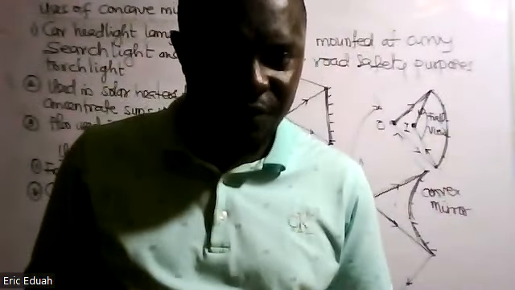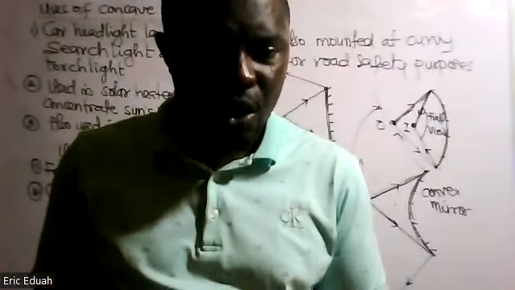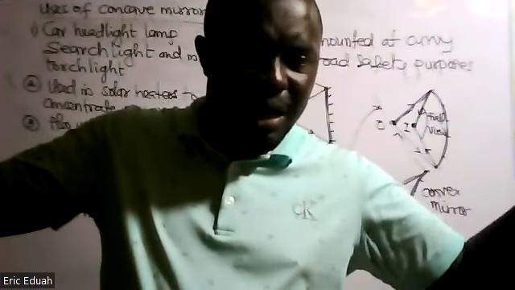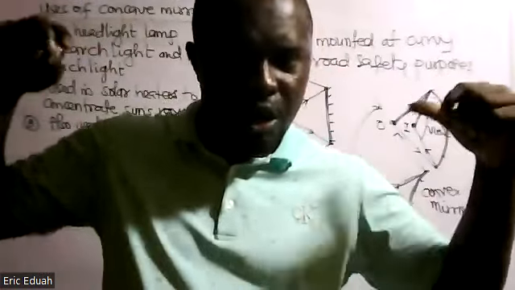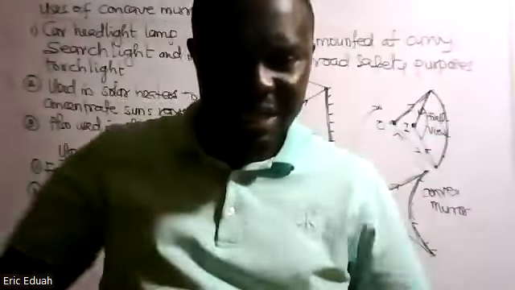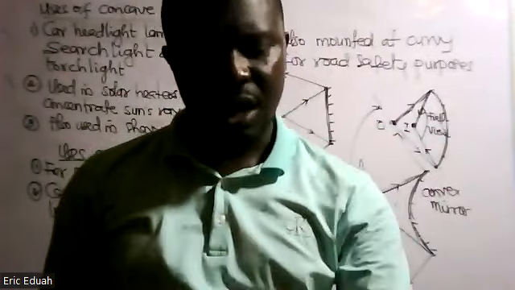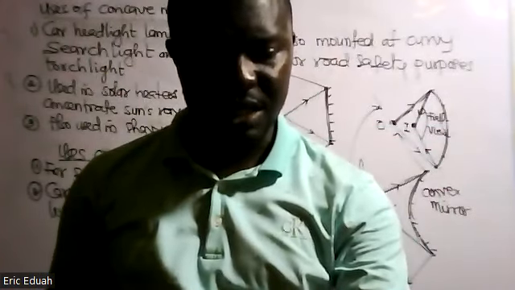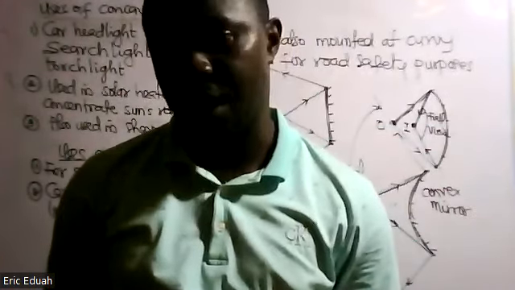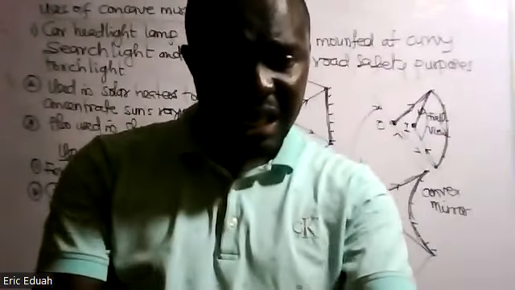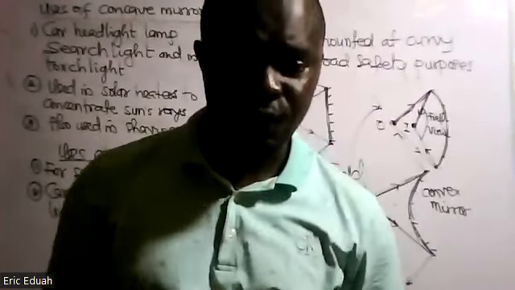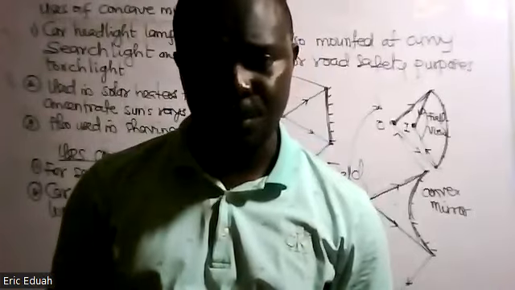Already the road is curvy, so if you are not careful, you cannot see cars or people behind you. But because it gives you a larger or wider view, you can have a better view of the space behind your car whenever you are driving. This is the very reason why it is used for those important purposes.